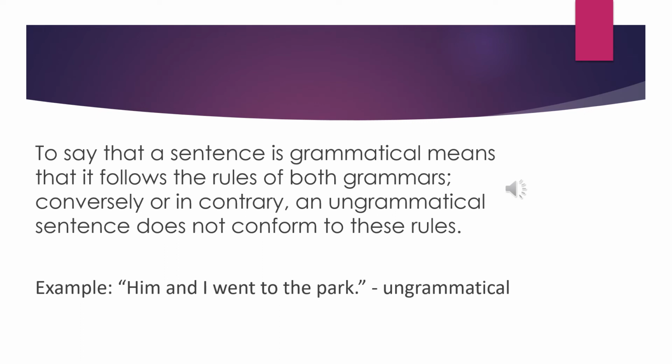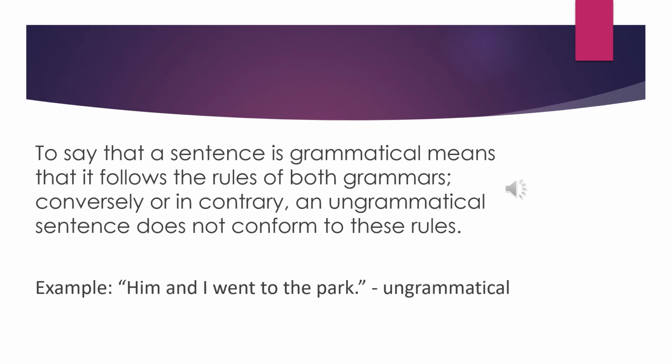Additionally, to say that a sentence is grammatical means that it follows the rules of both grammars. Conversely, an ungrammatical sentence does not conform to these rules. It's very self-explanatory, right? Okay, so this is an example. "Him and I went to the park."